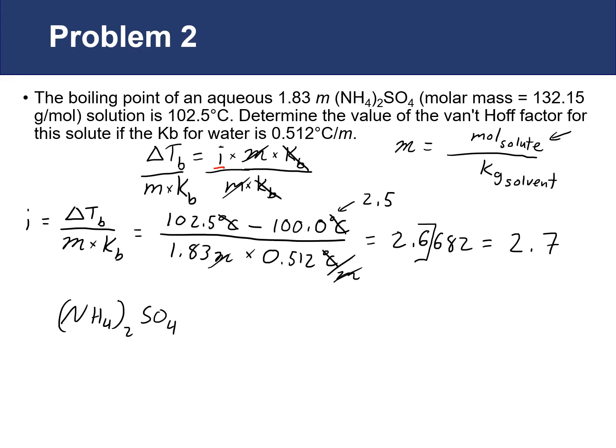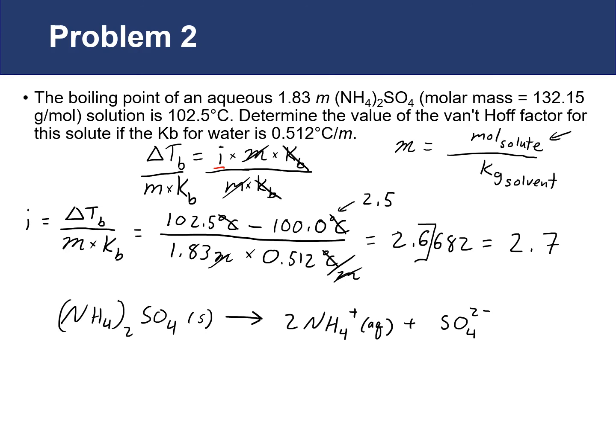Now the chemical equation for the dissolution of our ammonium sulfate would be our ammonium sulfate as a solid, when we put it into solution, will break up into 2 ammonium ions in aqueous solution plus 1 sulfate ion.